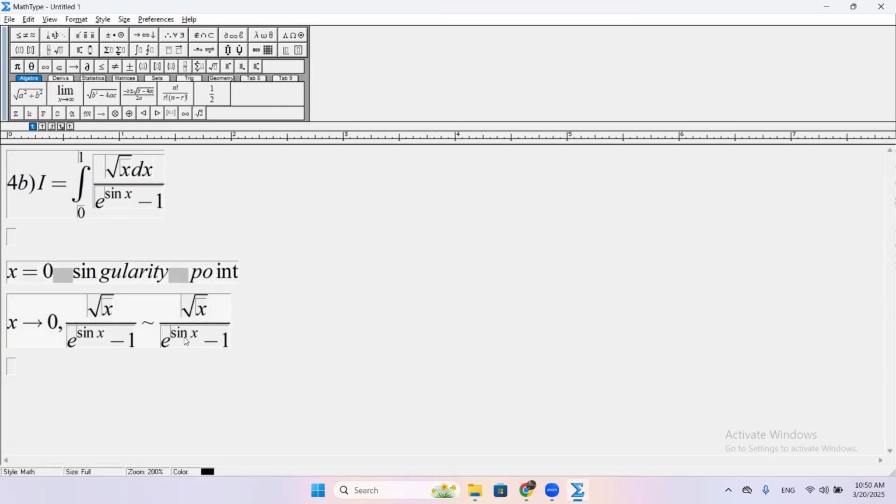So when x approaches 0, sine of x is equivalent to x. Then, the expression e to the power of x minus 1, when x approaches 0, is equivalent to x. And this expression is equal to 1 over square root of x.